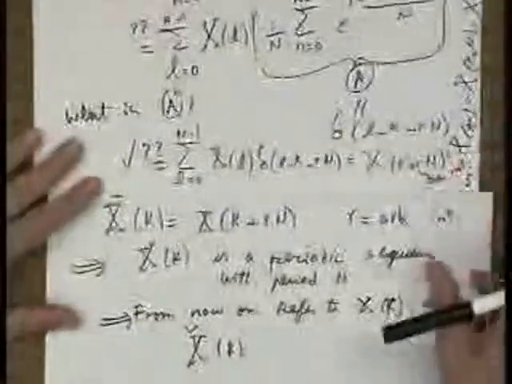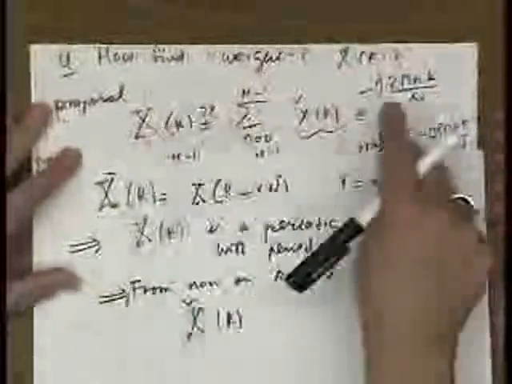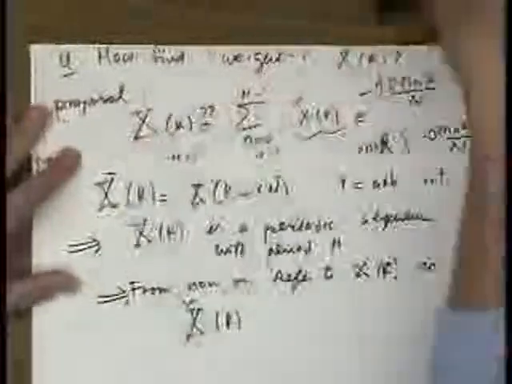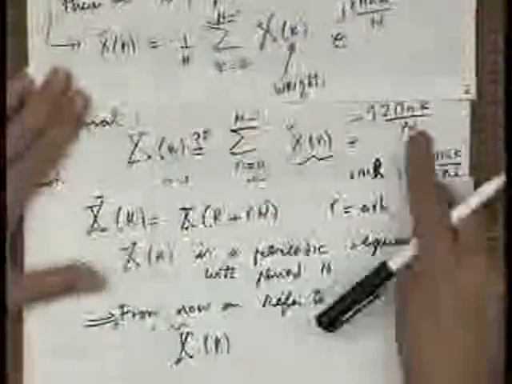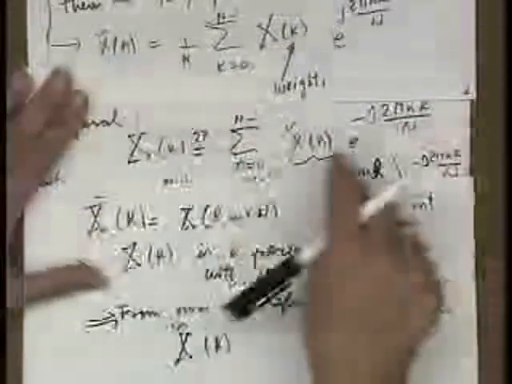Okay, so that's good. Coming back to where we left off, my proposal here was x of k is this, and the sequence of weights that I was talking about is indeed given by this equation. This is what we proved: the left-hand side equals right-hand side.